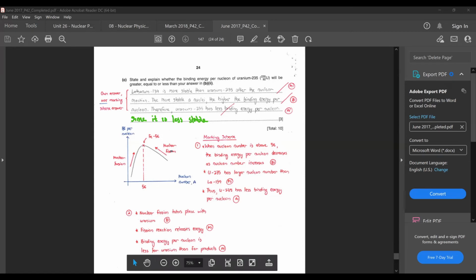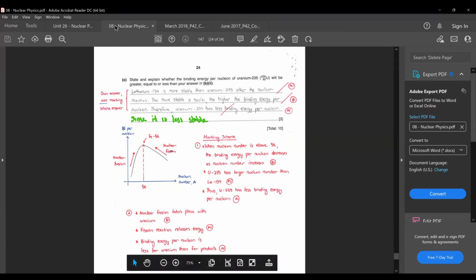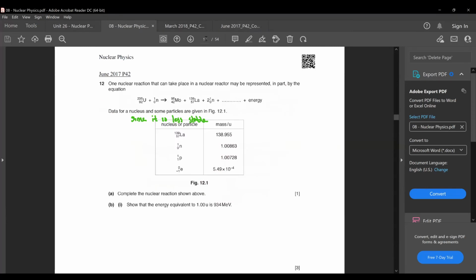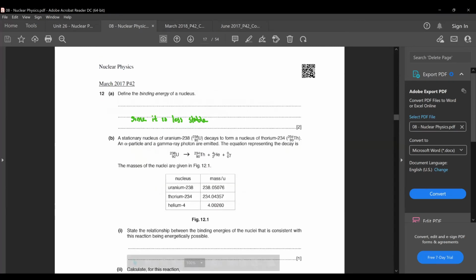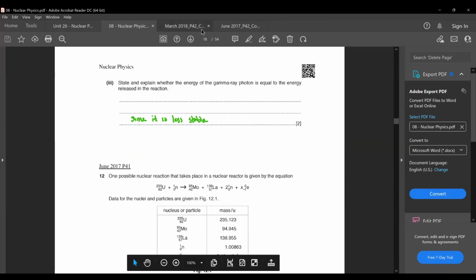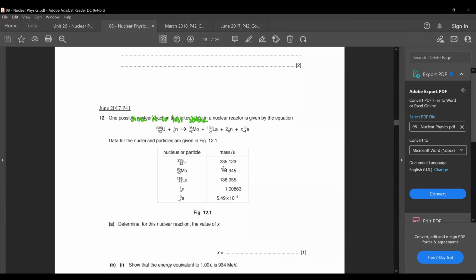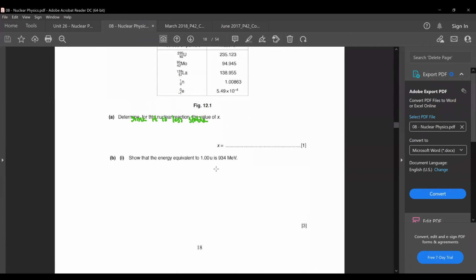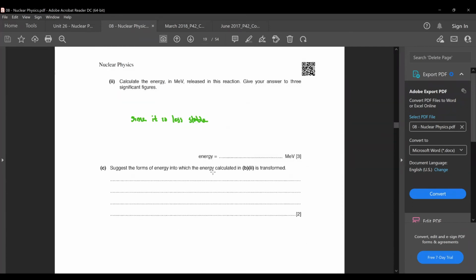Then after that, I move on to some other equation calculation. Okay, next one, you can have a look at page 18.